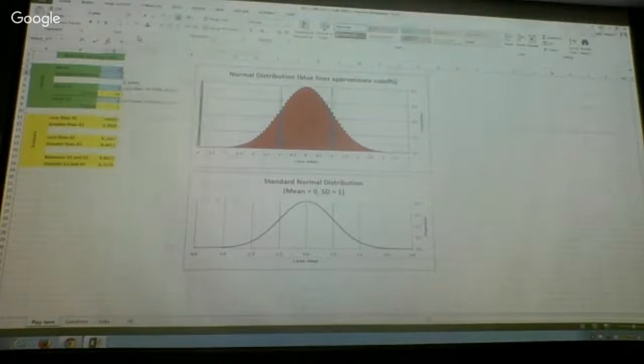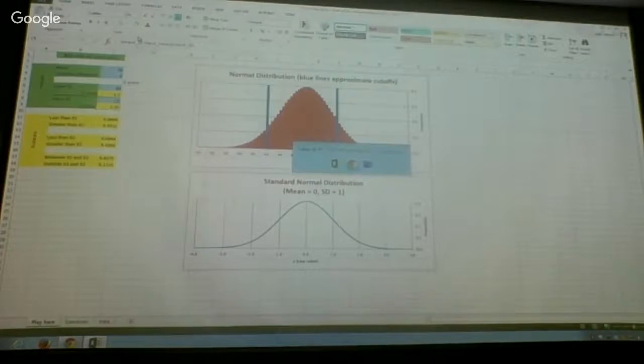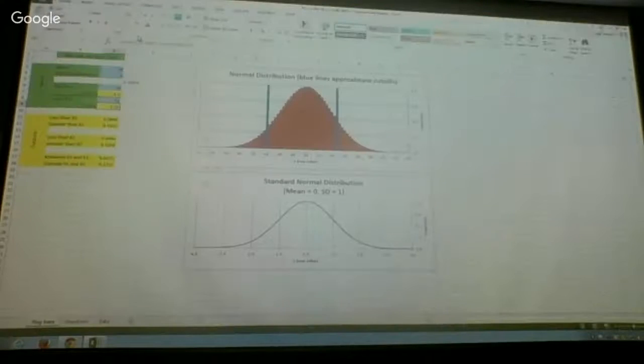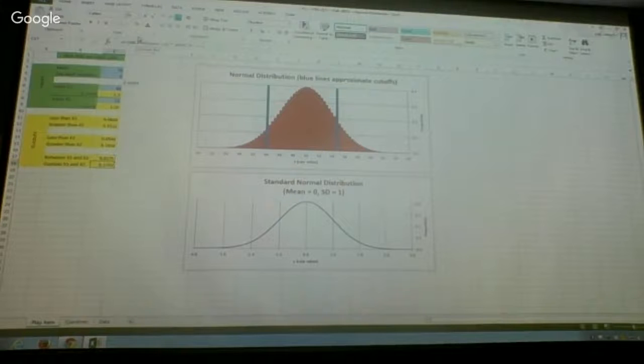The calculator right here: I can input a mean of 50 and a standard deviation of 4, and two raw scores of 44 and 55, and I can get all those things here. Between those two, outside of those two, greater than those two.